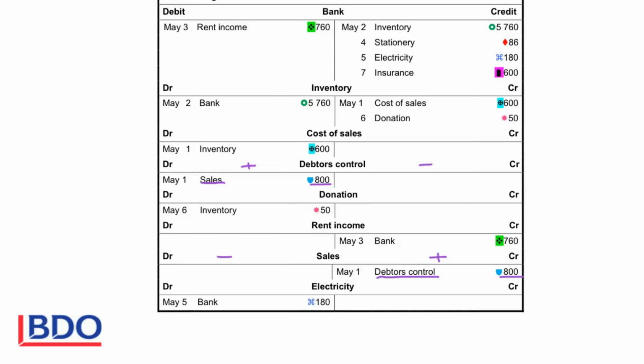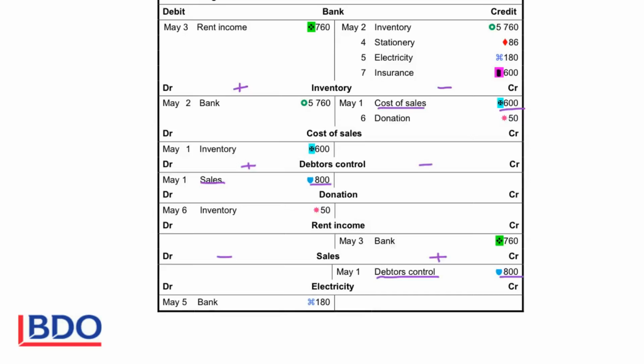The inventory will be credited because we reduce inventory on the credit side. Inventory is an asset that increases on the debit side. So the inventory was sold, we have less inventory, so we decrease our inventory on the credit side and we will debit the cost of sales account.